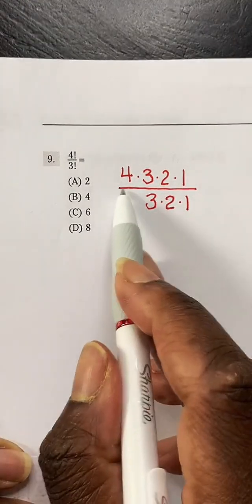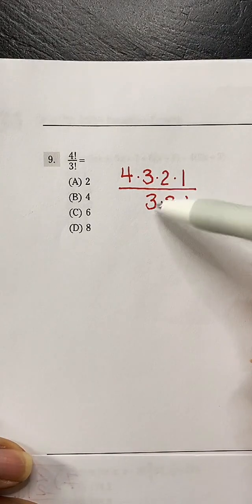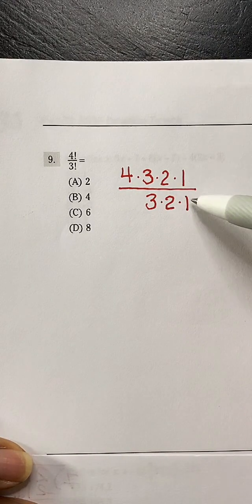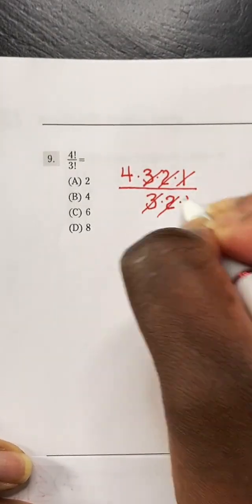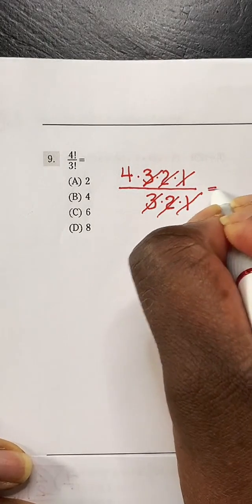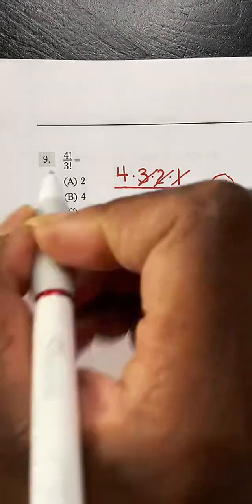We could do all that multiplying, but why? When we have the same numbers in the numerator and denominator, we can cancel those out. And then what's left? 4 is left. That means my answer is B.